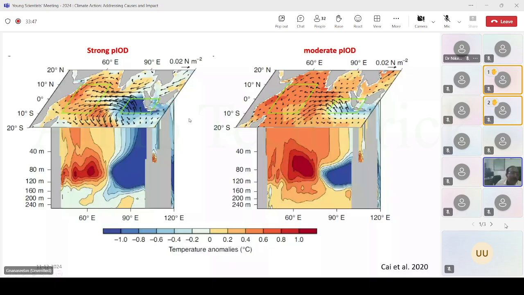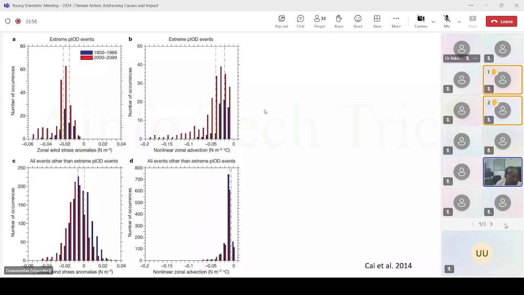And see the processes, for example the winds and the advection, the water transport, etc. The blue one is the present day, and the red one is the future for the next century. In the easterlies you can see the difference compared to the previous decades. There are large changes, large easterlies you can see in the future projections.